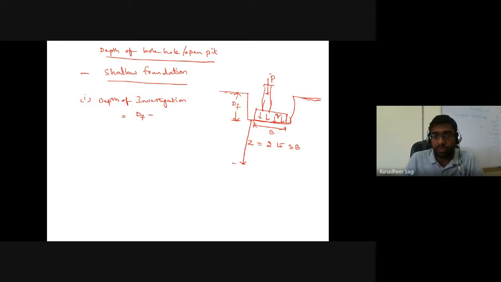At the depth of Z meters below the footing, that Z could be anything. At the depth of Z meters below the footing, the stress induced in the soil should approximately become 10% of the stress you have tried to induce through the footing.